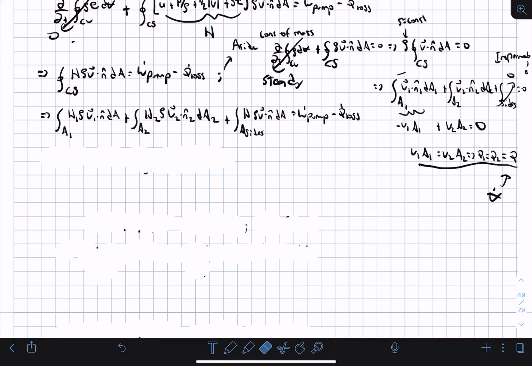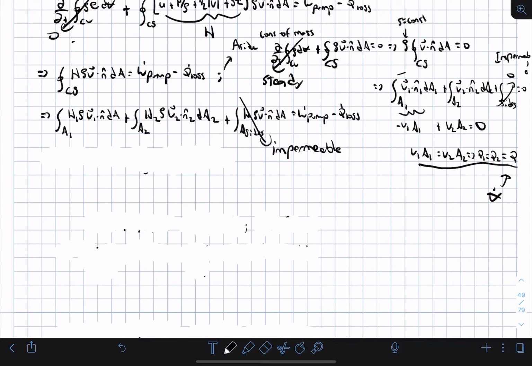In your homework and your first quizzes for this stuff, I still expect you to do the phase 1, phase 2 thing. Now we're going to break this up into the various integrals. Here we have the integral of h1 rho v1 dot n hat dA, and the integral over area 2 of the same thing, plus the integral over the sides. Well, that's 0 because it's impermeable walls.